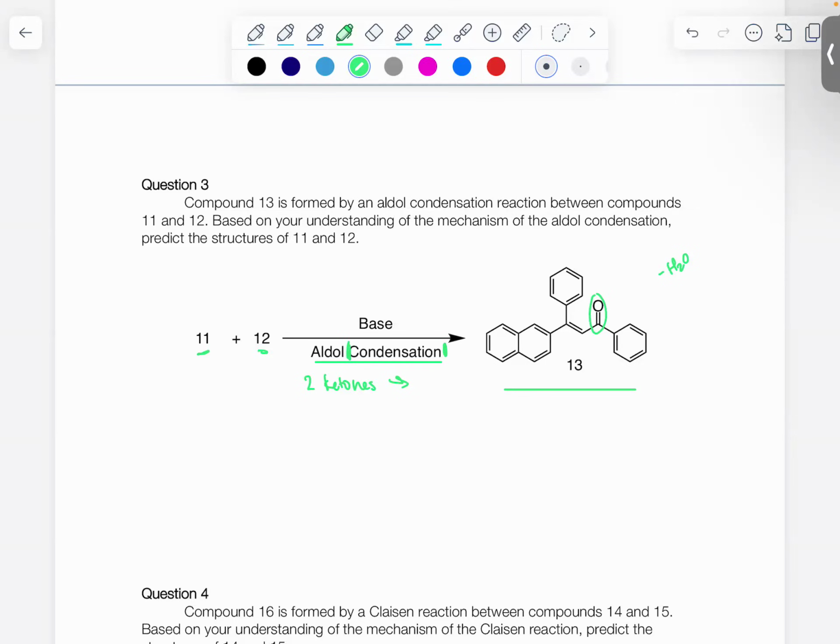And so this double bond is where we would have lost the water, and that shows us where our two starting materials came from. So if we draw those out, we end up with the alcohol or the oxygen that ended up in our water.